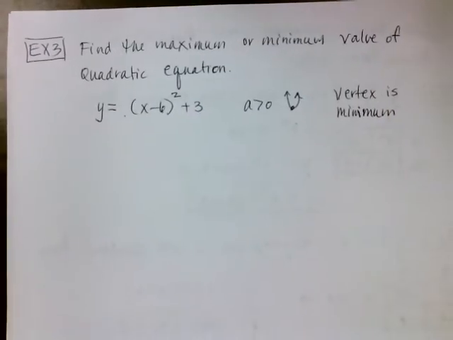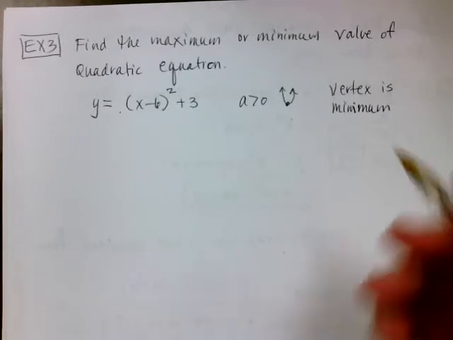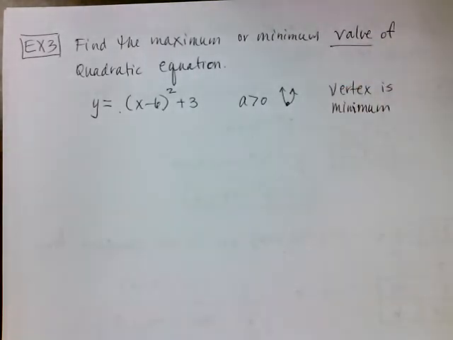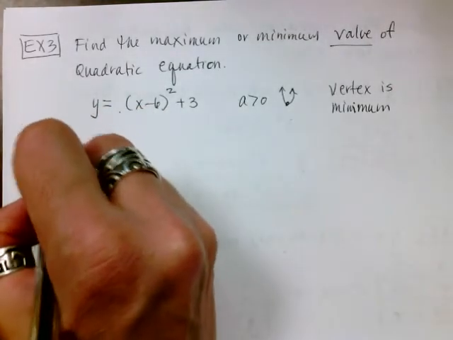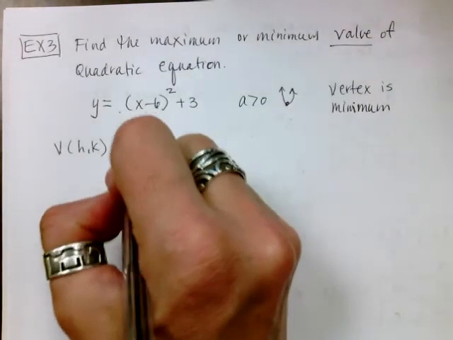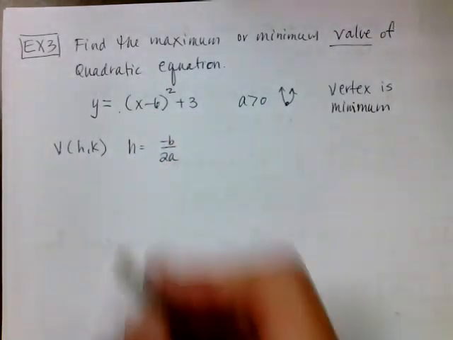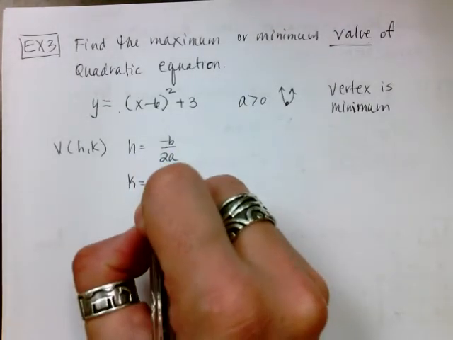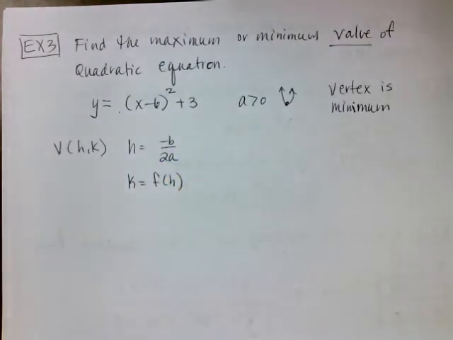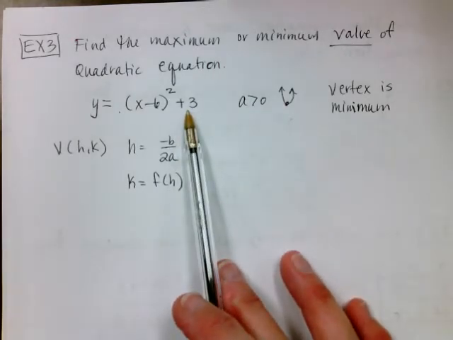So now I need to find the coordinates of the vertex to know what the value is, because it said find the value. So I'm going to find my vertex, which has coordinates (h, k). My h is negative b over 2a, and then my k is equal to f of h. But my equation is written in vertex form, so I already know the coordinates of my vertex.